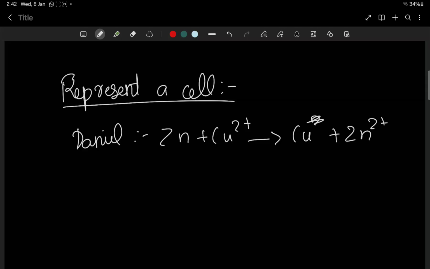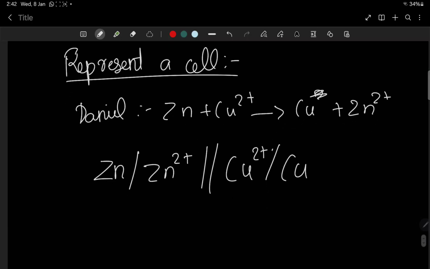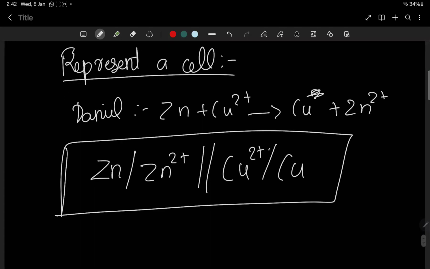We write it like this: Zn becomes Zn2+, then a bar to show the next electrode, then Cu2+ becomes Cu. This is how we represent a cell.